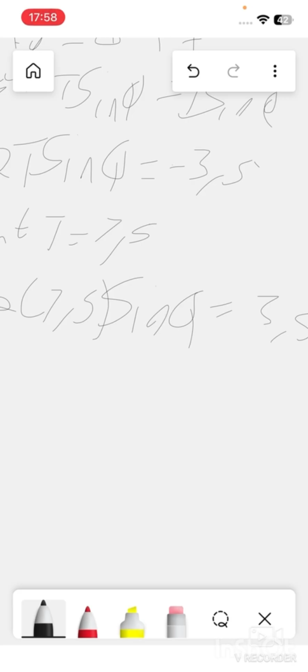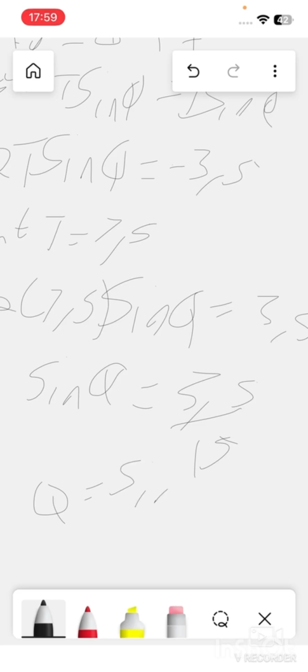This is going to be 2 times 7,5. It's how much? It's 15. Therefore, sine theta is equals to 3,5 because we're gonna divide that 15 here. Therefore, our theta is going to be sine inverse of 3,5 over 15.